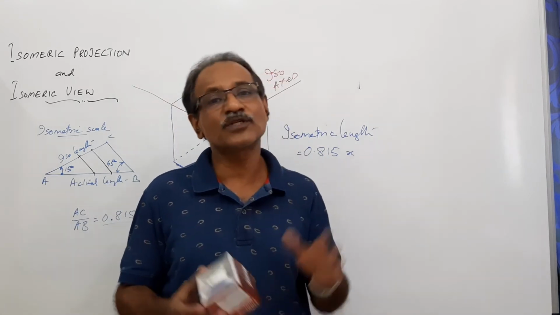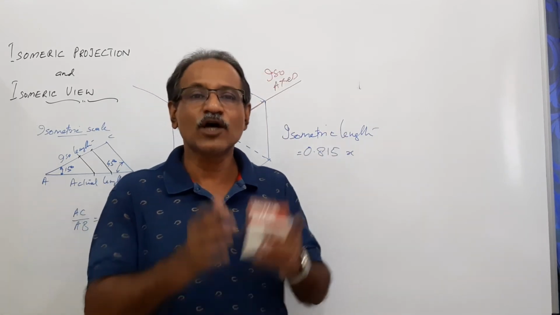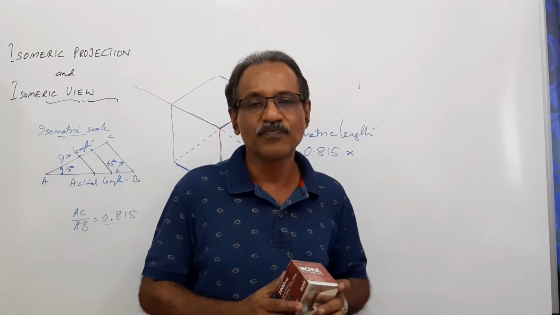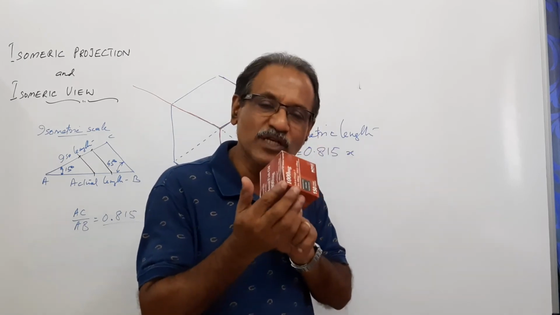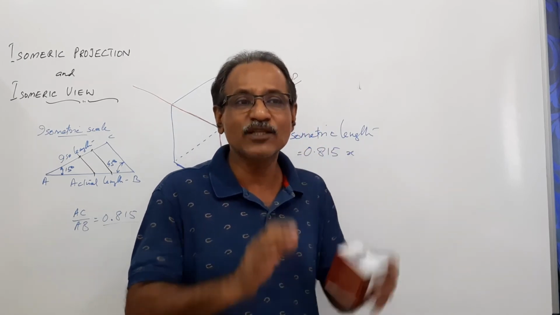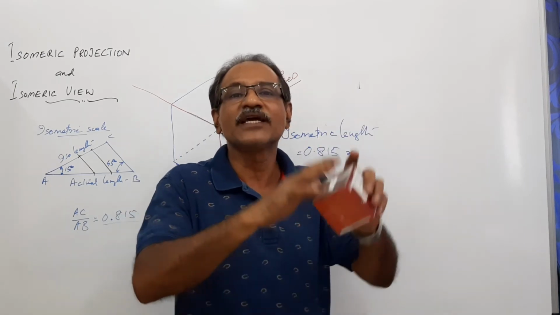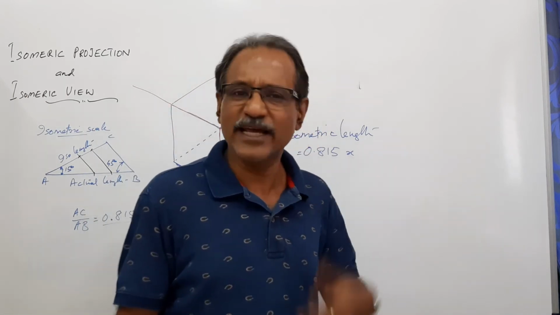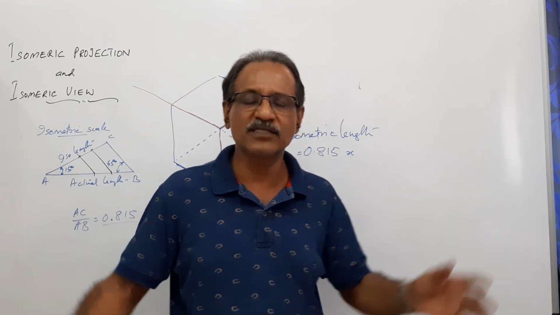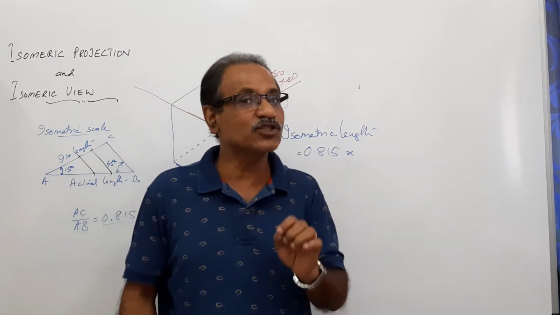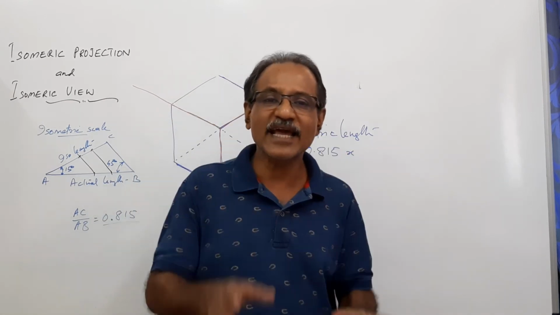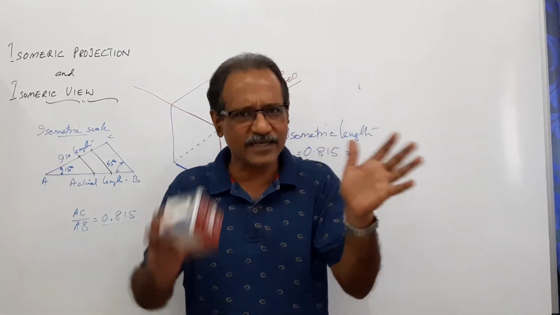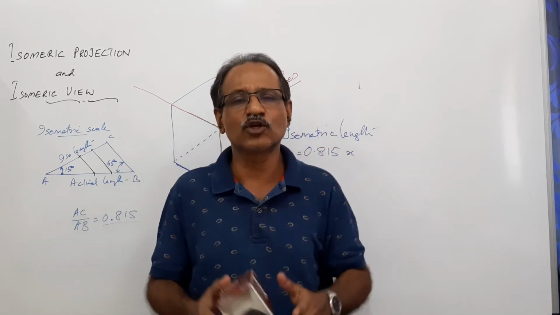Then how do we draw iso-projection of other objects? Whenever we draw iso-projection of other objects, we assume the object is inscribed in an appropriately sized cube, and the solid diagonal of that cube is kept perpendicular to VP, and the object inside the cube is drawn ignoring the cube. I repeat, when you draw iso-projection of an object, any object, prisms, pyramids, cone, cylinder, we inscribe that object in an imaginary cube of appropriate size, a cube which can contain the object.